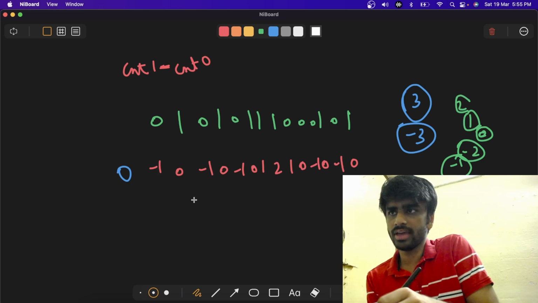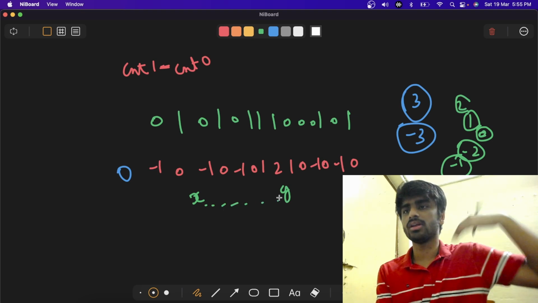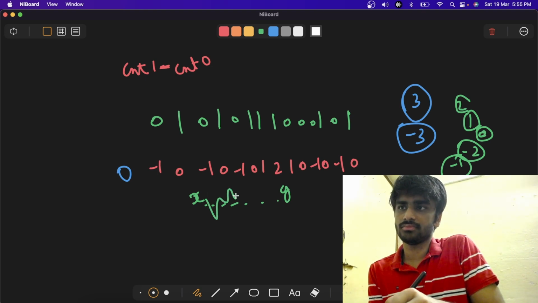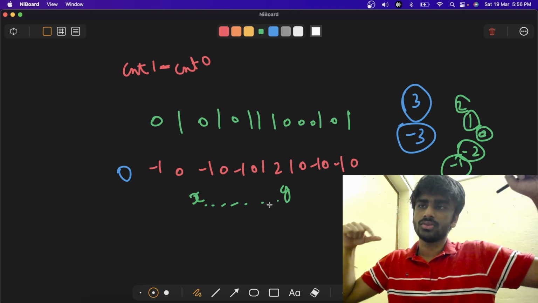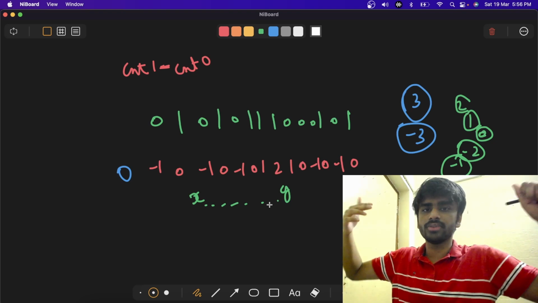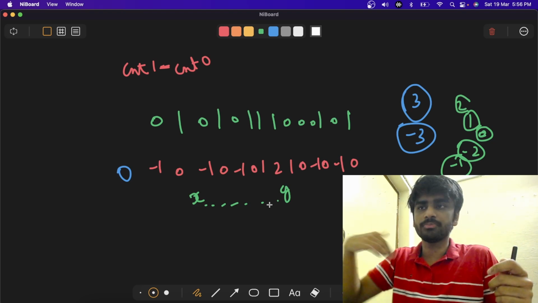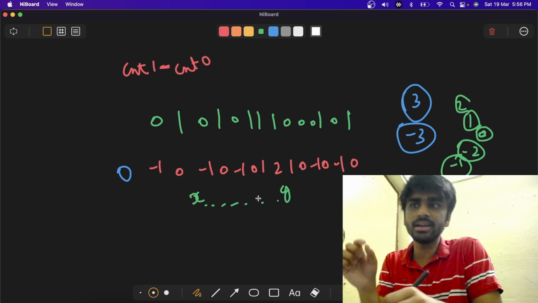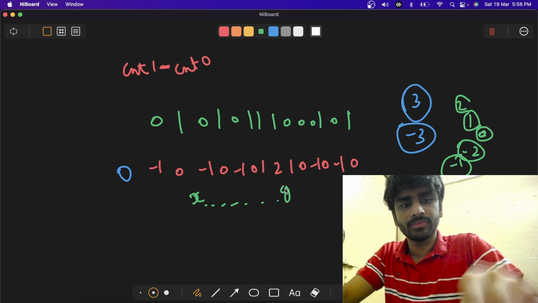So if we have x here and y here, then definitely in between x and y we must have all the values between them. Let's say x is smaller and y is bigger. We will definitely have x plus 1 somewhere, and x plus 2 somewhere, because we can only do plus 1 or -1. We cannot do +2, so we cannot skip any value. That means every value that lies in between x and y is definitely in between here.